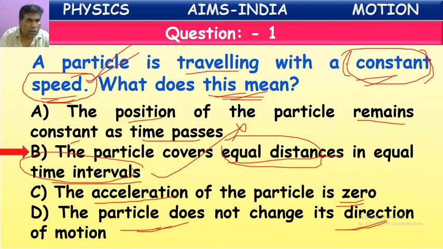Acceleration depends on velocity, not speed, so this is wrong. The particle does not change its direction: speed never depends on direction, because speed is a scalar. This is also wrong. So B is the correct answer. Very good, children. Let's go to the next question.